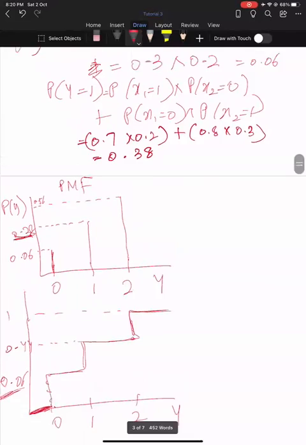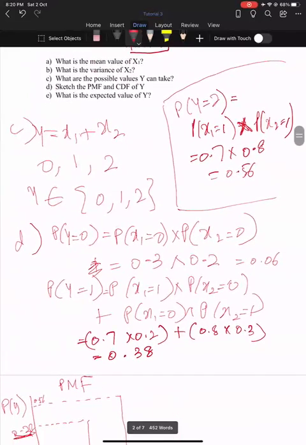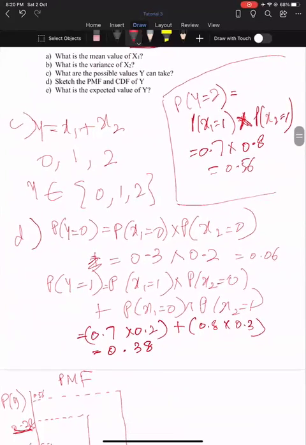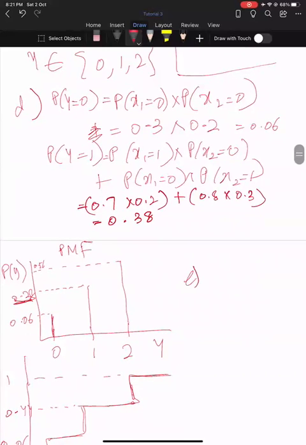Okay, and then I think the last question is, what is the expected value of y? Okay, for this part, we know that y is x1 plus x2. So expected value of y is expected value of x1 plus x2.